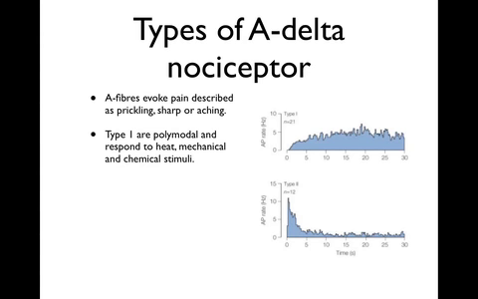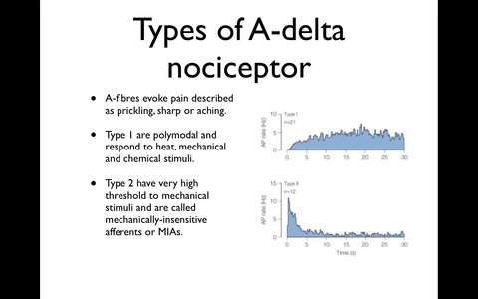And these are divided into 2 types. Type 1 are polymodal and respond to all 3 stimuli, so heat, mechanical, and chemical. Whereas type 2 have a very high threshold to mechanical stimuli and are known as mechanically insensitive afferents, or MIAs, or silent nociceptors. So these have an extremely high mechanical threshold, much higher than normal.